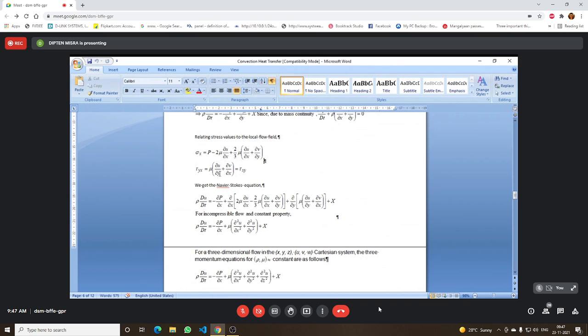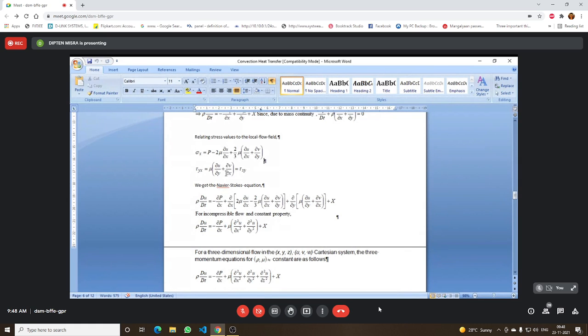And if you see the form of this equation, what is tau yx? It involves a velocity component along the x-axis and a velocity component along the y-axis, where the x-component is differentiated with respect to y, and the y-component is differentiated with respect to x.